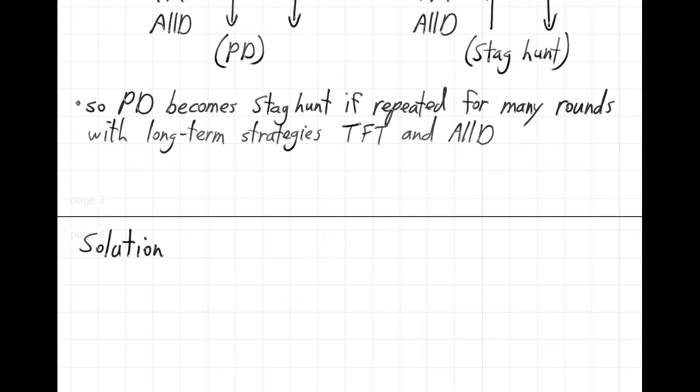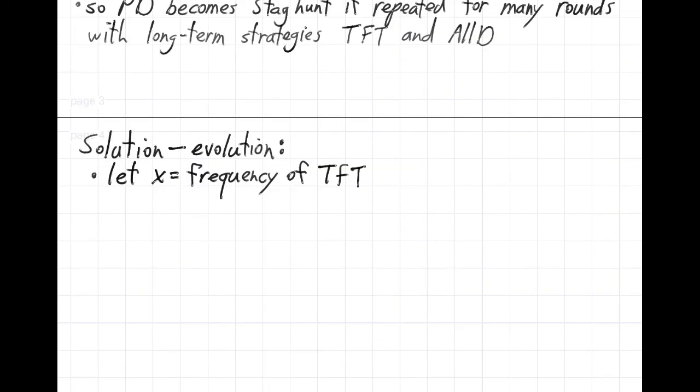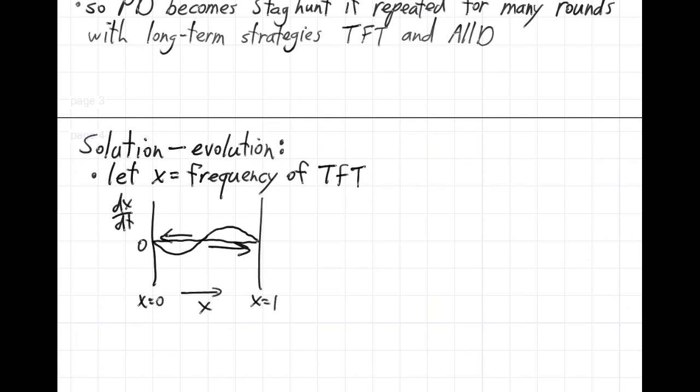Let's look at the solution concepts under, let's say, the evolutionary case. So if we let X be the frequency of tit-for-tatters in the population, then I'm not going to go through the derivation again, but we've done this, and we know what things look like. In Stag Hunt, there's an unstable equilibrium in the middle at some X star, and there are stable equilibria at the endpoints at X equals 0 and 1.